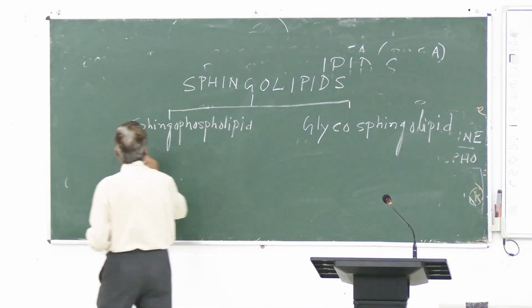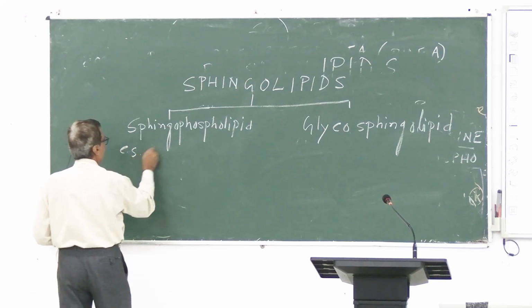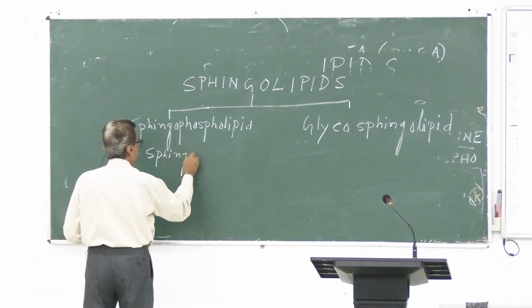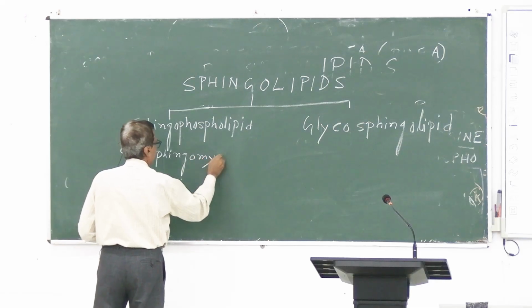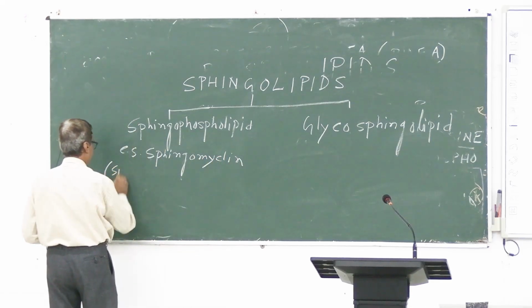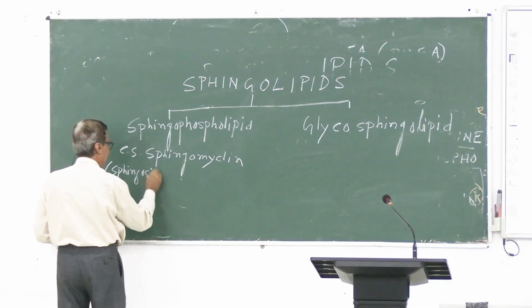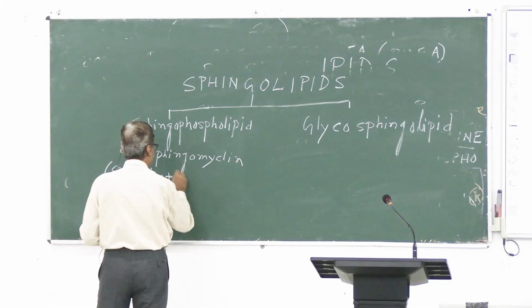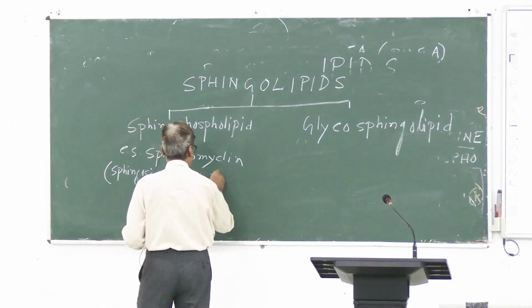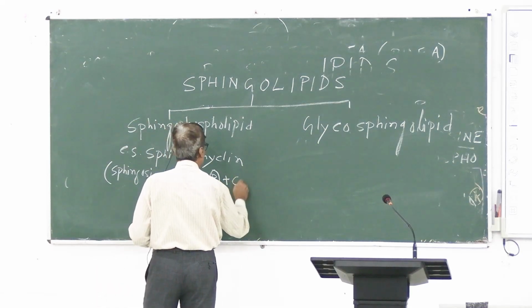Sphingophospholipid means sphingomyelin, which is composed of sphingosine plus fatty acid plus phosphate plus choline.